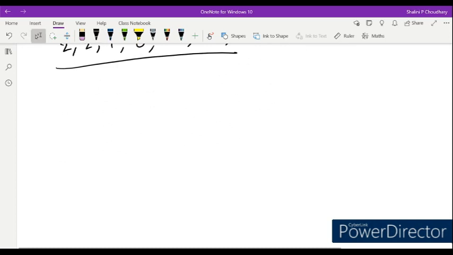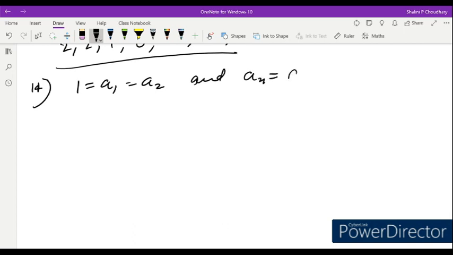Now question number 14, and that is the last question of this exercise. Fibonacci sequence is defined by 1 is equal to a1 is equal to a2, and an will be equal to an minus 1 plus an minus 2, where n is greater than 2.